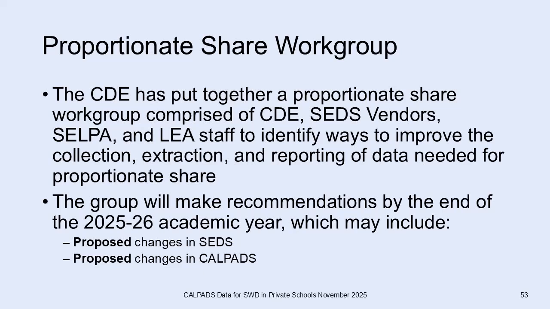If there are any changes that we are proposing to make in CALPADS, number one, it has to go through a process. Those changes typically take about a year to implement. And even if we propose a change, it does not mean the CALPADS office is going to say, okay, let's do it, right? So just keep that in mind.